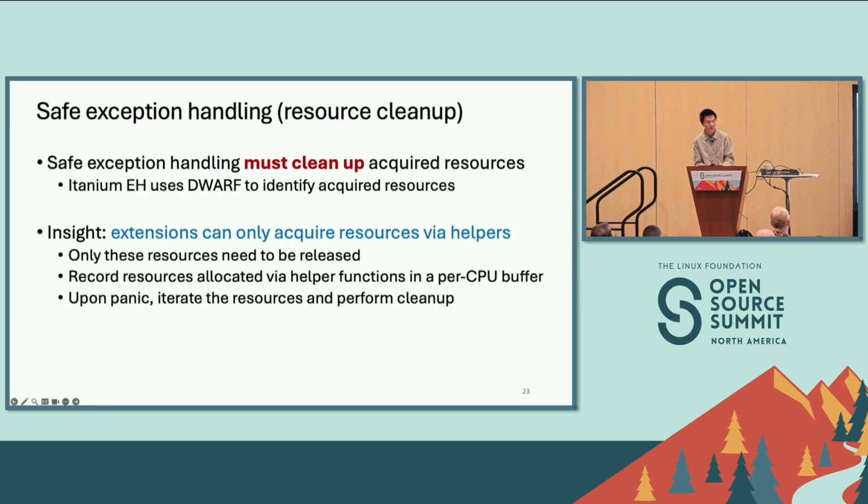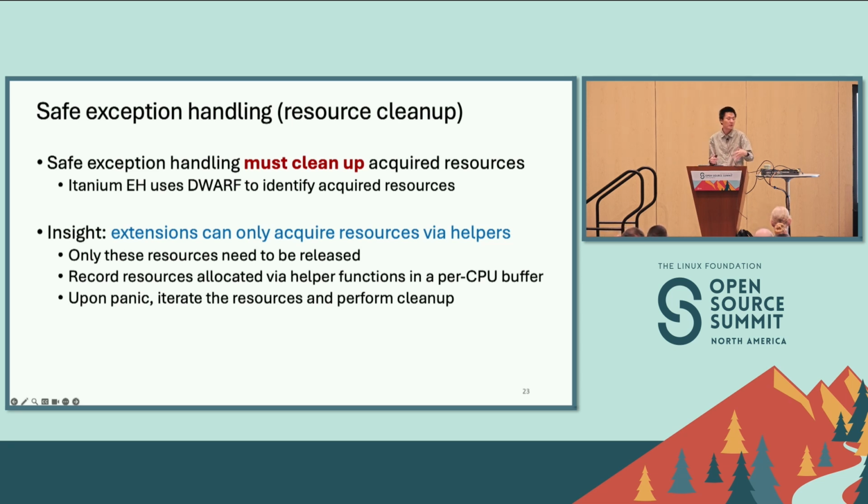All right. So the other important aspect of safe exception handling, as I mentioned, is that you must properly clean up the acquired resources to prevent resource leaks. In user space, the Itanium exception handling ABI uses DWARF information to identify all those acquired resources.